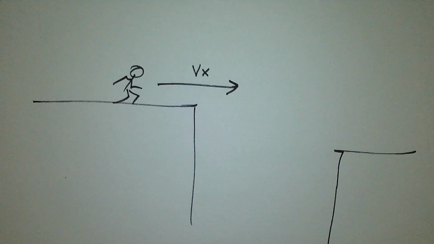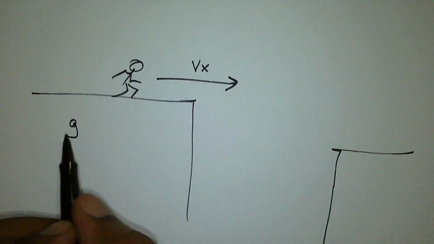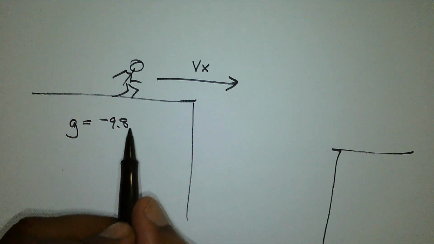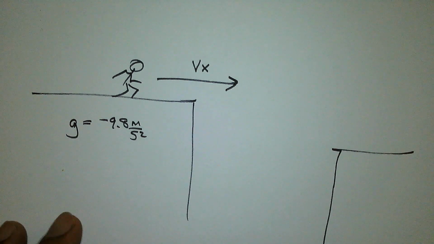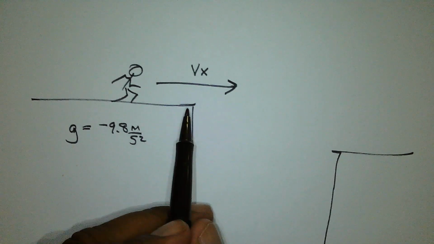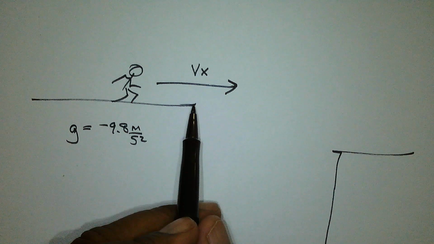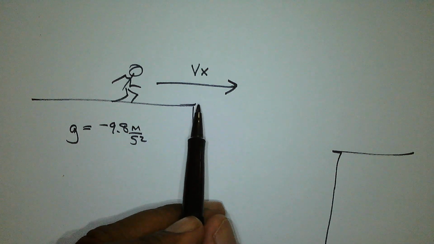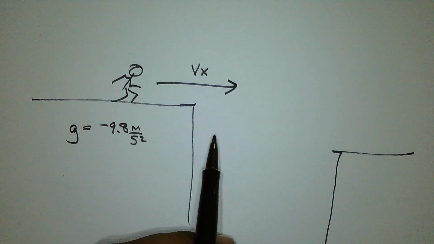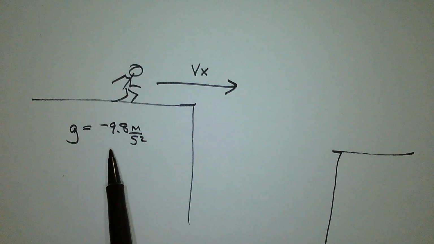Now, in the vertical direction, we have the force of gravity, the attraction of the Earth, the gravitational acceleration of negative 9.8 meters per second squared. So as soon as we leave this edge here, gravity begins to accelerate us downward at this accelerated rate.